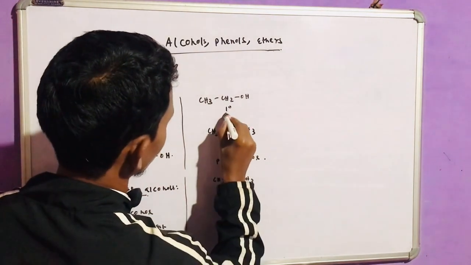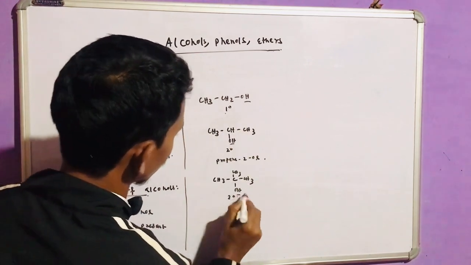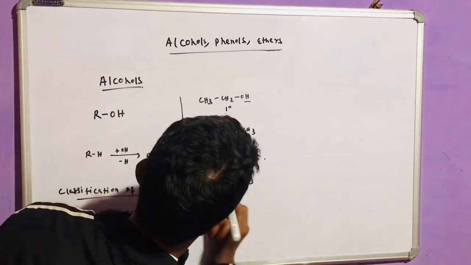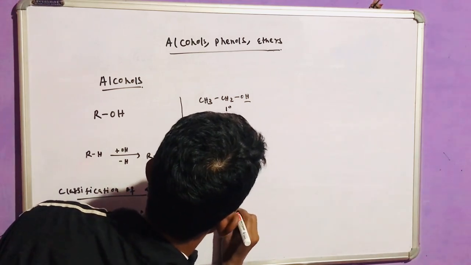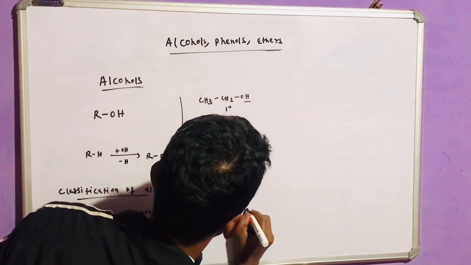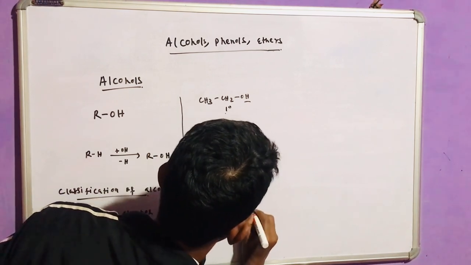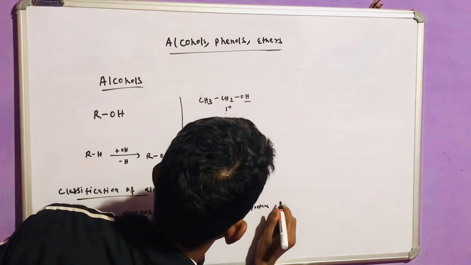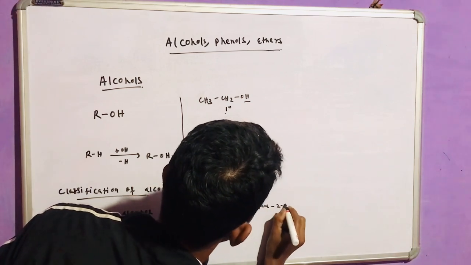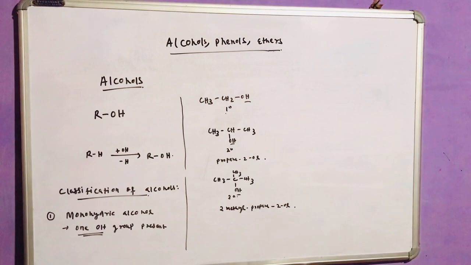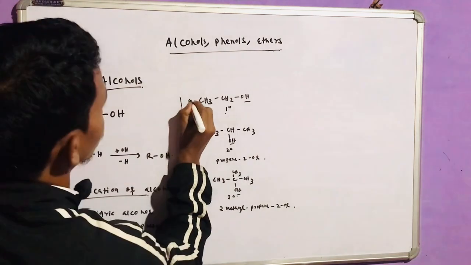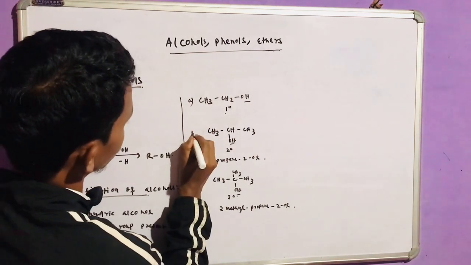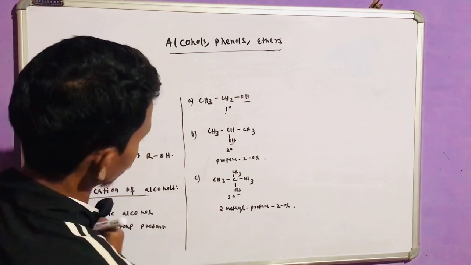So this is 2-methylpropan-2-ol. So if one OH group is present, that is called monohydric alcohols. It may be 1 degree, 2 degree or 3 degree alcohol.